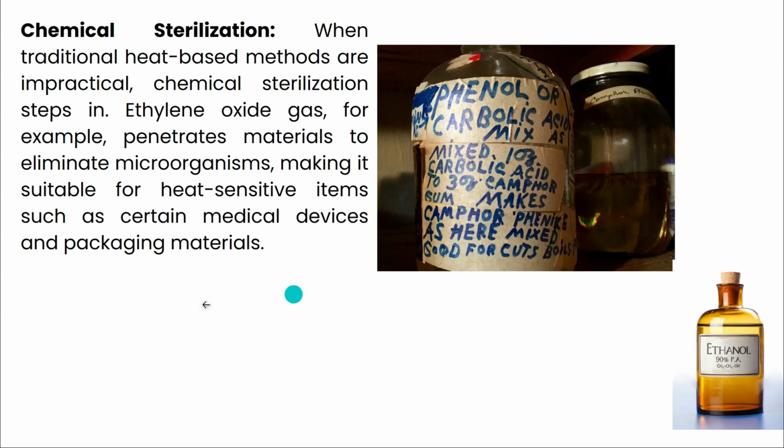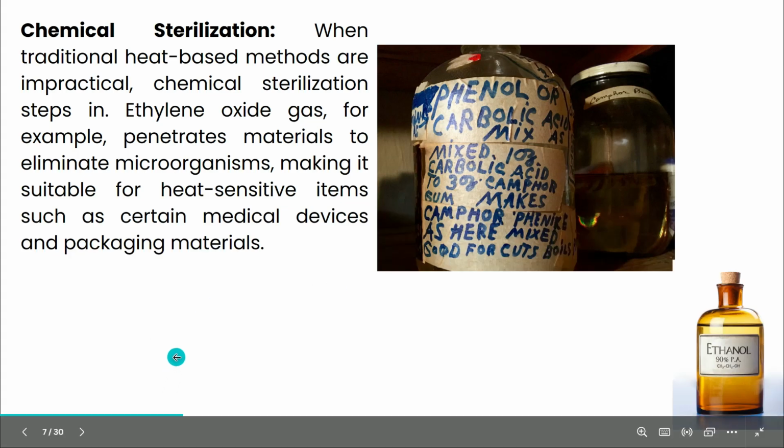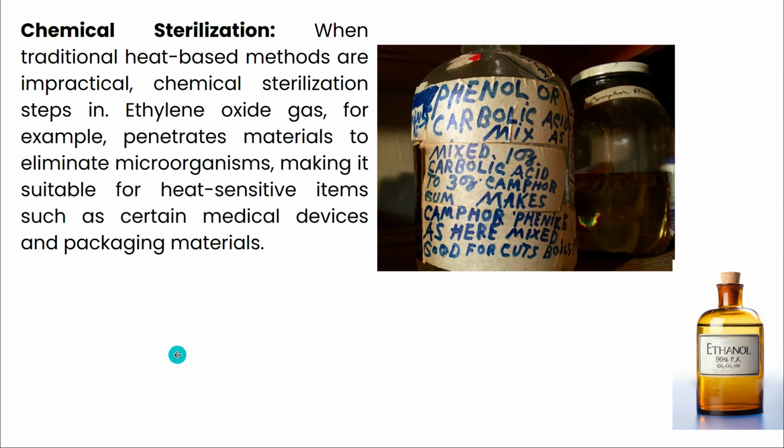Along with the heat sterilization process, which is one of the means of physical sterilization, there are certain chemicals which are used for sterilization, and these come under the chemical sterilization process. When the traditional heat based methods are impractical, then chemical sterilization is practiced.